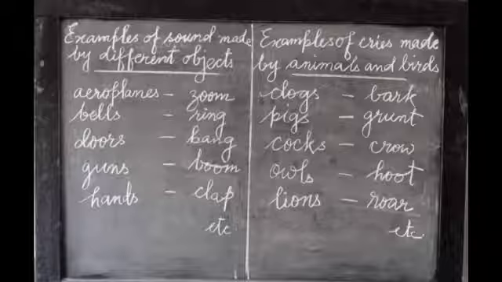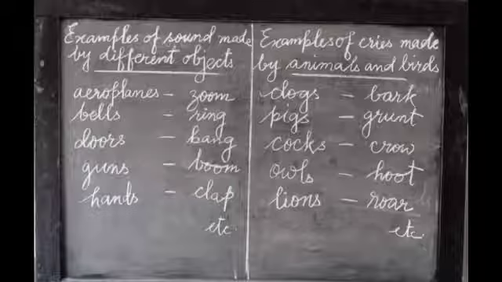Now similarly, when it comes to cries of animals, the sound which comes out from an animal or bird is given a word to relate to the sound. Say for example, dogs. When the dogs make a sound, we say the dog barks or the dog is barking.